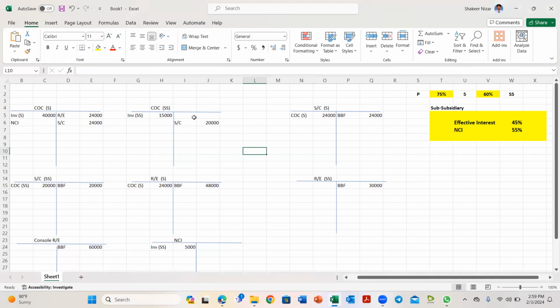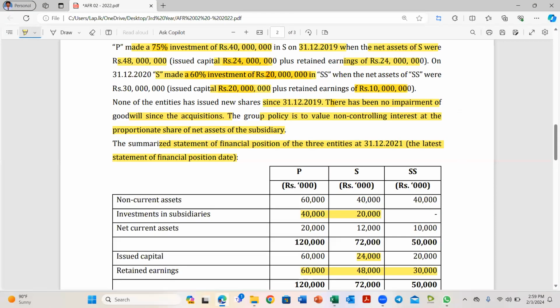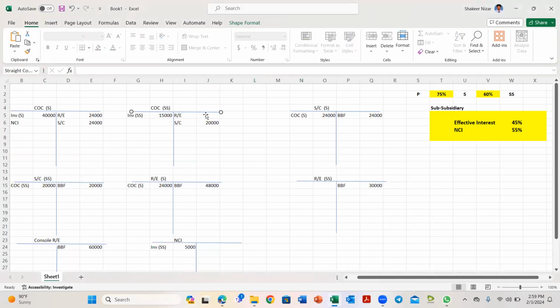The retained earning balance here is given as 10,000. You can recognize 10,000: retained earnings debit, cost of control credit, retained earnings of subsidiary 10,000, right? That is done.